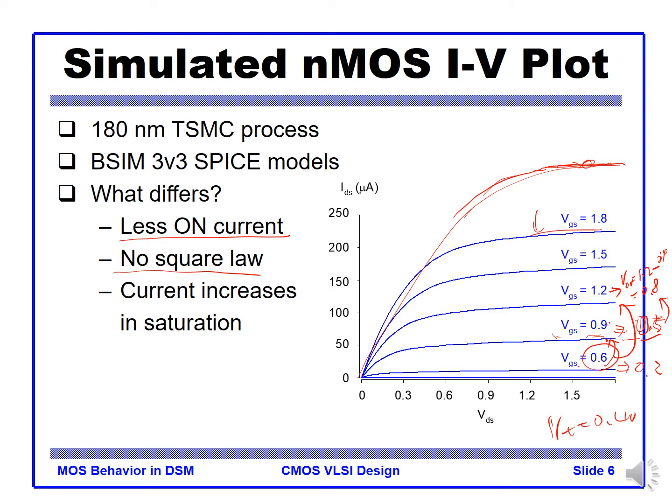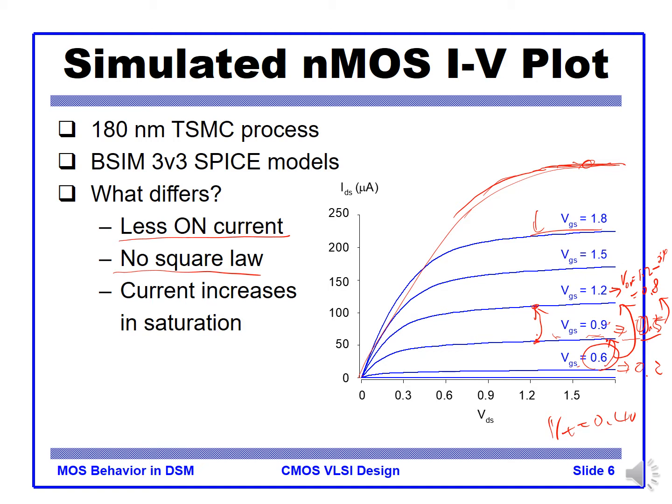So approximately almost 2x larger overdrive voltage, but the actual current is only around 2x larger. It just doesn't follow the square law model.